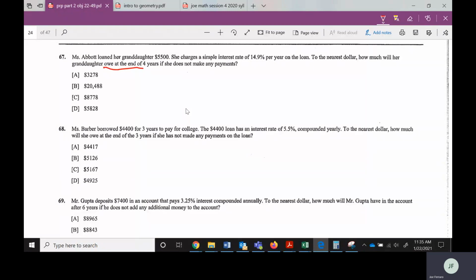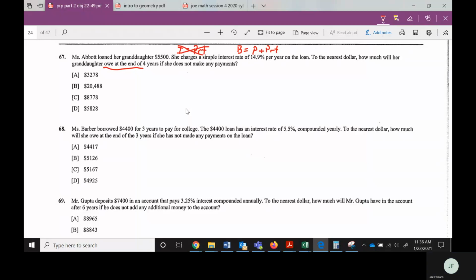So remember, we had two formulas. We had this one, and we had this one. This one tells us just how much interest is going to be earned. This tells us the full amount either that you're going to get or you're going to owe. So for this problem, we do not do this one. We are going to use this one.